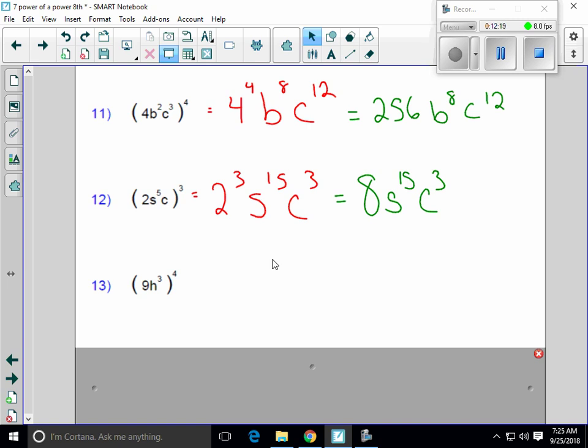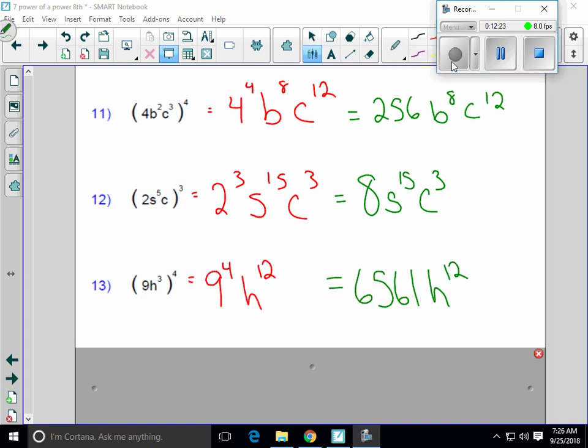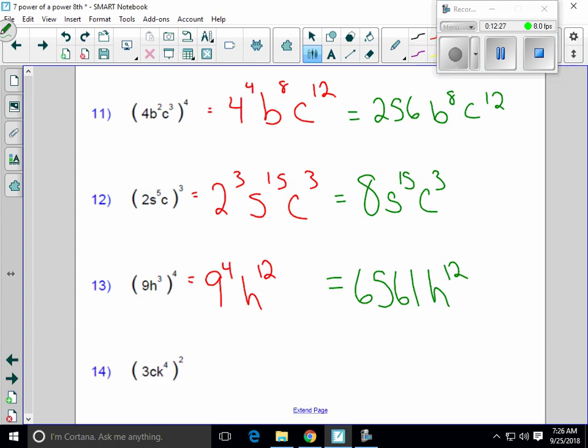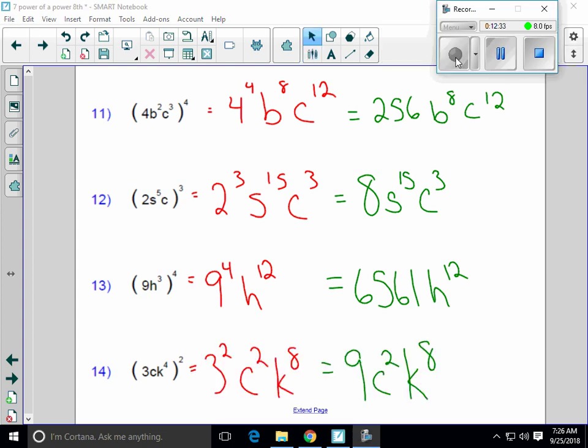Try 13. 6,561 h to the 12th. And the very last one, number 14. And that is 9c squared k to the 8th.